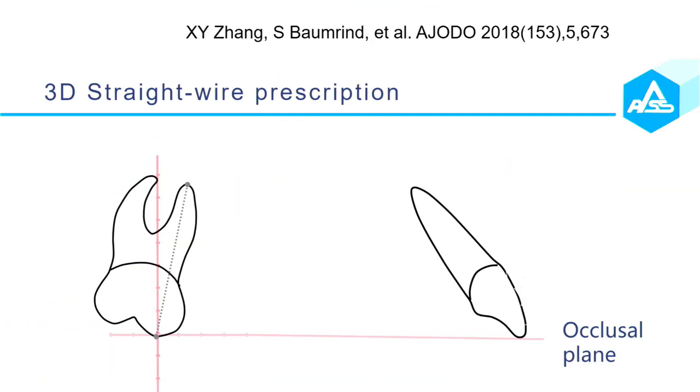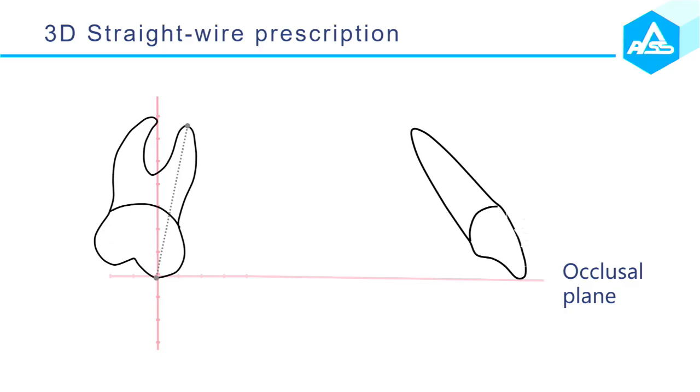Well, Andrews chose the last stage. He chose an adult sample. That means the final stage after growth, right? So I say it's a 3D normal value.